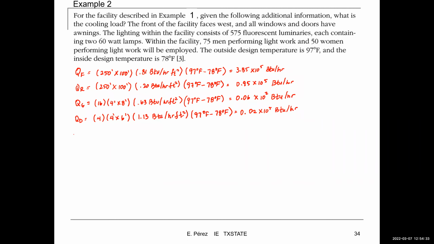For the walls, again, we are going to look at the size of the walls, and we're going to subtract the area of the doors and the windows. So this is the area of the walls minus the area of the doors and the windows.